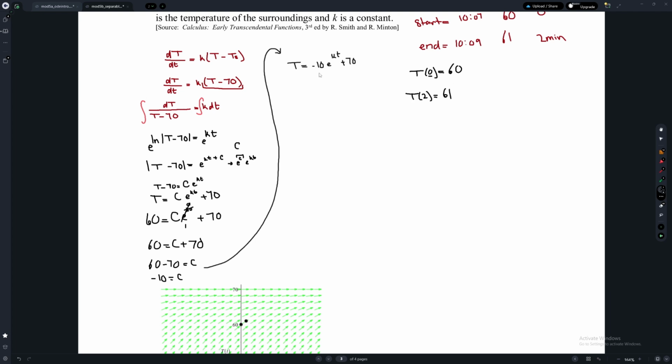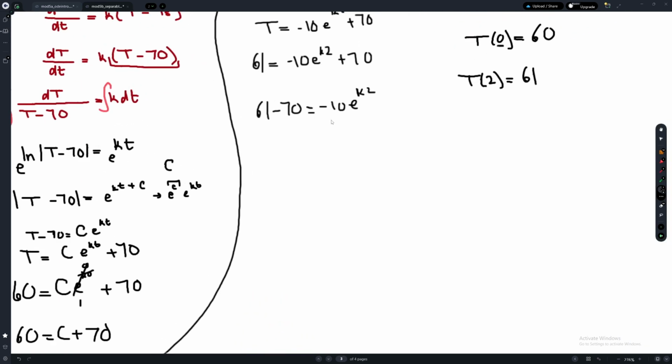And so my t is 61 equals negative 10 e to the k times 2 plus 70. Now let's isolate. 61 minus 70 equals negative 10 e to the k 2. I hope this is clear. I'll zoom in.